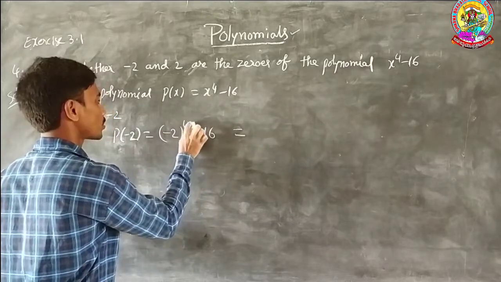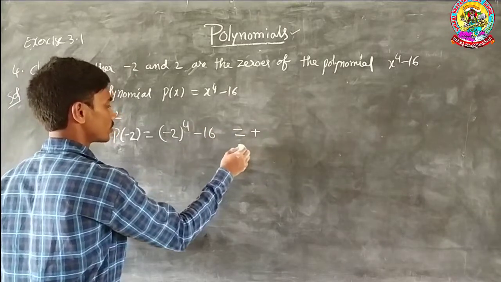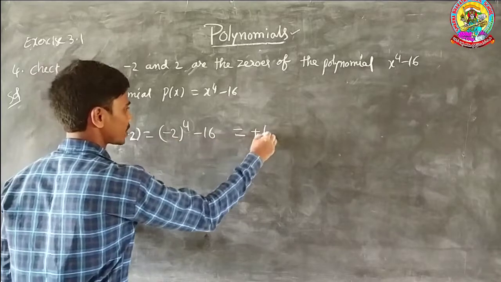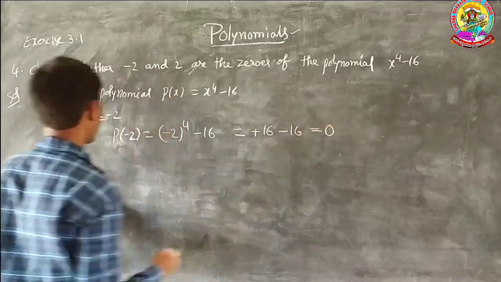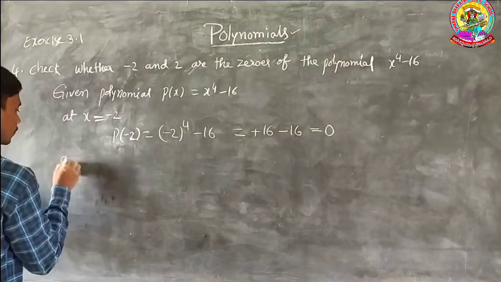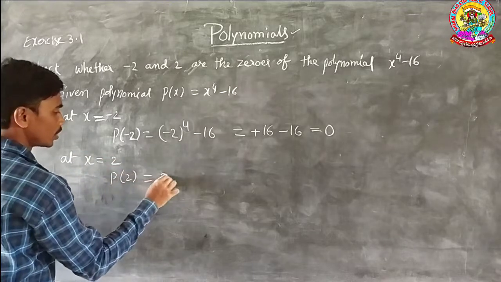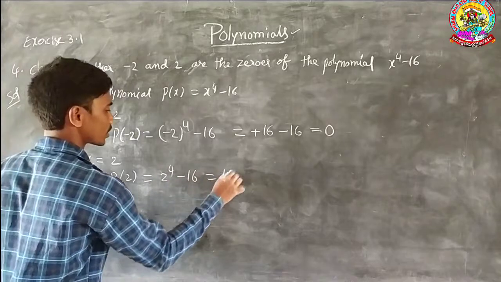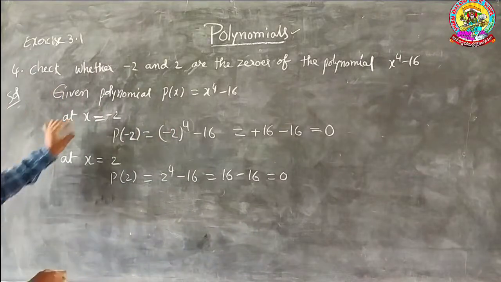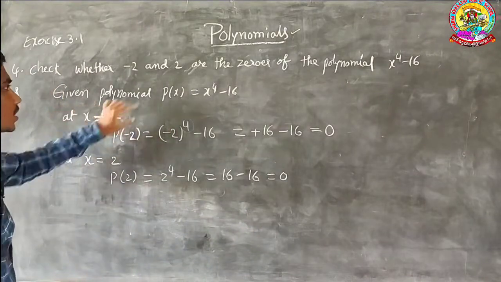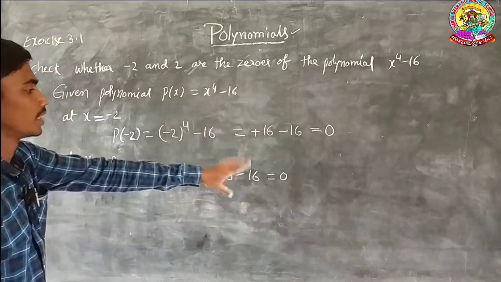Here the power term is 4, so -2 power 4 becomes a positive value, that is 2 power 4, which is 16. 16 minus 16 is equal to 0. Next, at x is equal to 2, 2 to the power 4 minus 16 is equal to 16 minus 16, which is 0. Will you understand? At x is equal to -2, the value of the polynomial p of x is 0. At x is equal to 2, the value of the polynomial is 0.